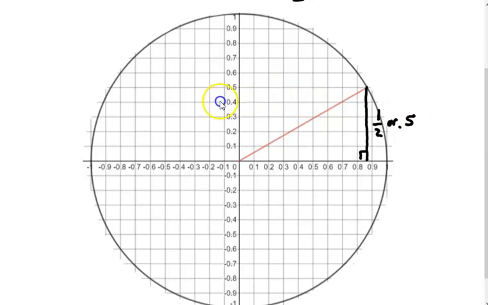The length of the adjacent side then should be the square root of 3 over 2. And we found that the decimal equivalent to the square root of 3 over 2 is 0.87. And you can see that this length is about 0.87. So this is the square root of 3 over 2, or about 0.87. So this is a 30-degree angle, and the hypotenuse is 1 here.